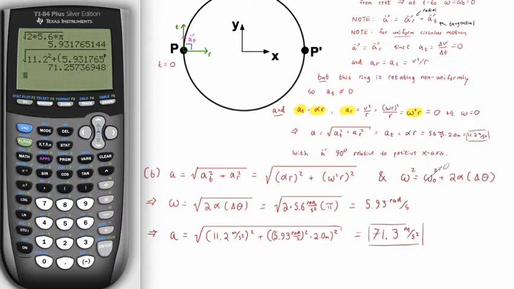So now we know its acceleration. It's accelerating faster. Well, that makes sense, right? Because it didn't used to have a centripetal component, and now it does. And the tangential component of the translational acceleration is unchanged. So basically all we've done is just added a component to it.